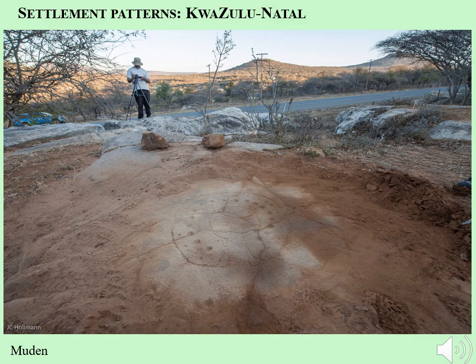And this is very much like what we see on these sandstone pavements, which are next to the road that goes through Muden in KwaZulu-Natal. We've scraped away the earth, the sand that was covering it, and we've exposed the engravings underneath.